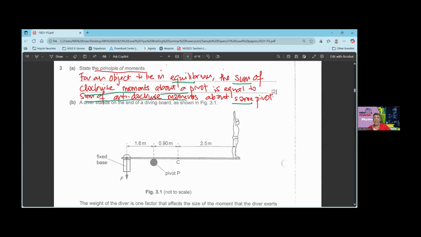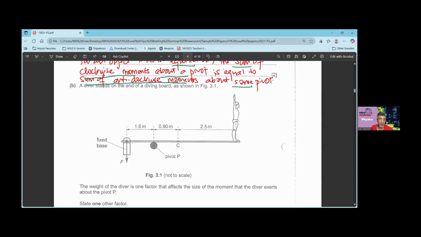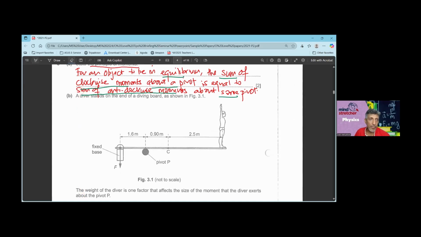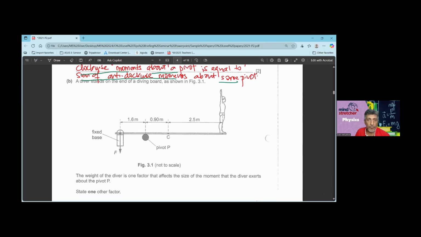By the way, what is moment? Moment about a point is the force times perpendicular distance. So if you look at this question here, it says a diver stands at the end of a diving board. Okay, he stands at the end of a diving board, as shown here, right? So they give you the values here.